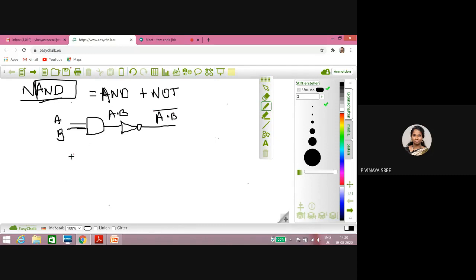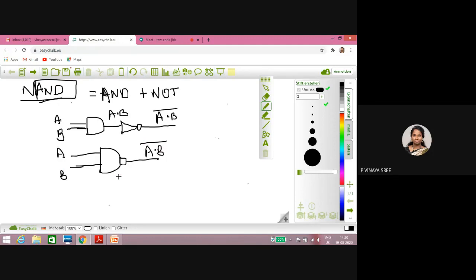This can also be represented directly as an AND gate followed by a bubble. This is your standard symbol, but for the sake of understanding, I have shown this. So simply with A, B, you directly get the output as A dot B bar. This is your symbol for NAND.